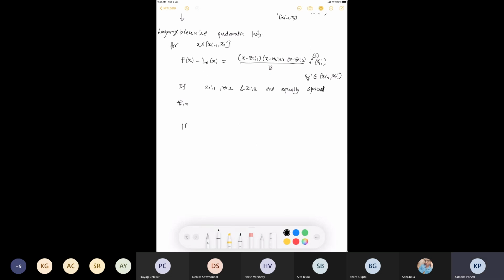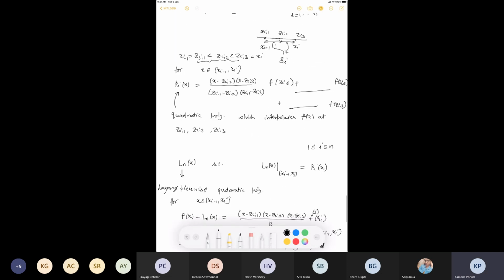I can just get an upper bound of this error. It will be less than or equal to delta_i cubed divided by 3 factorial, times the maximum of the third derivative of f over the interval x_{i-1} to x_i. Okay, so this is how things will look.